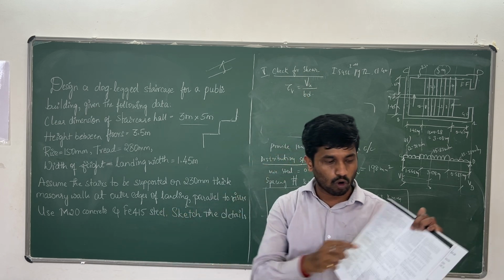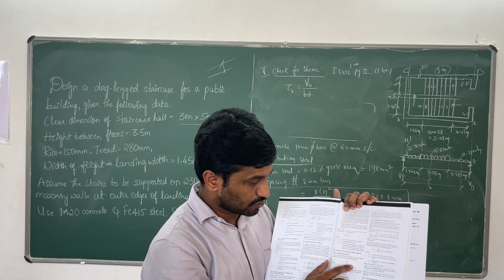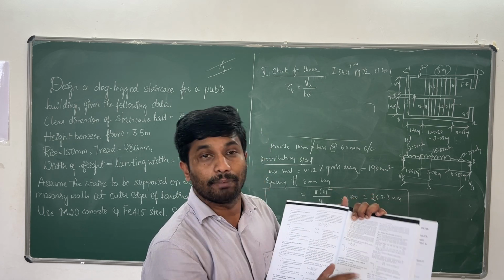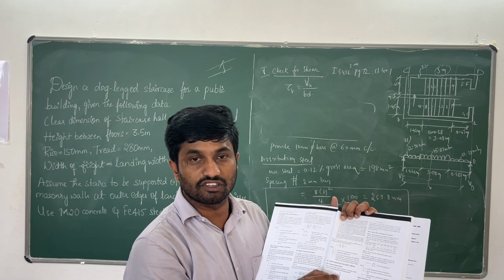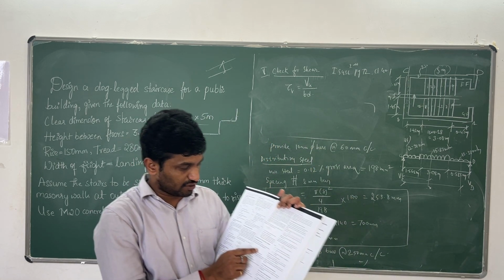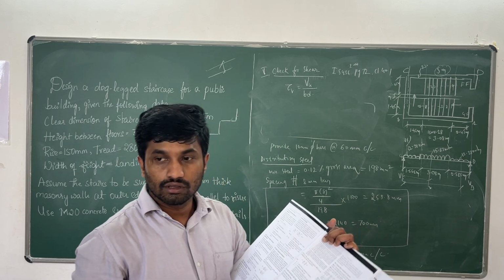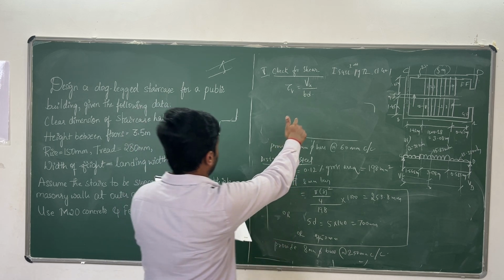In the code this is b suffix d. This is misprinted. Don't confuse it. You just take Vu by bd. This is one error in the code. So page number 72, Vu by bd.